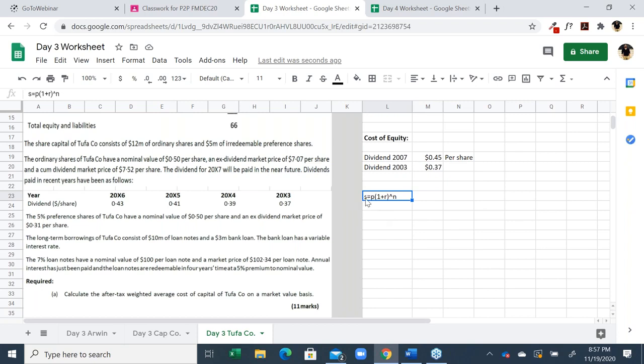S means the future value, right? So which of these two will be considered as the future value of dividend? Which of the two?